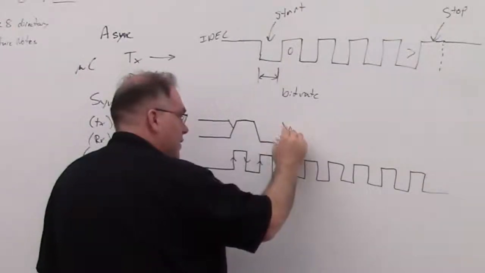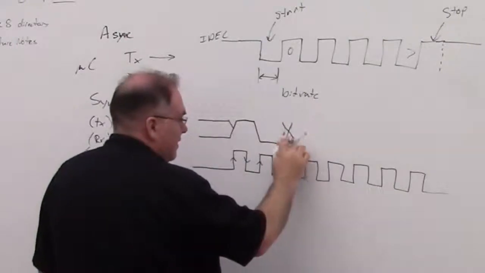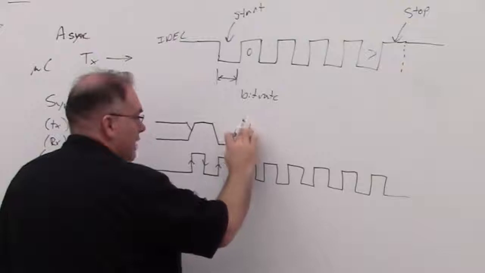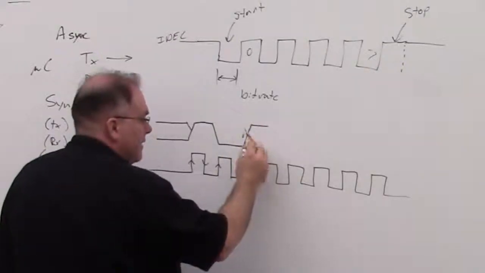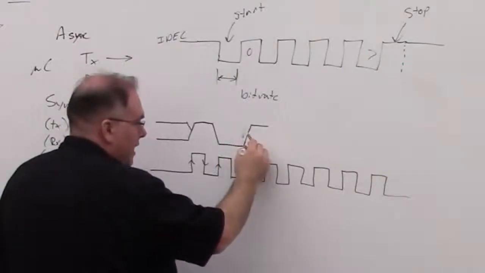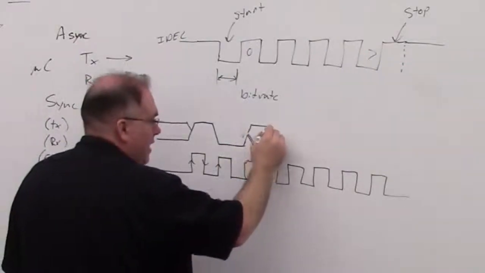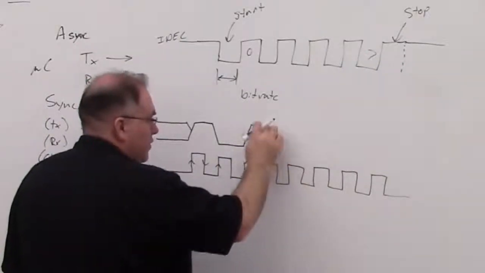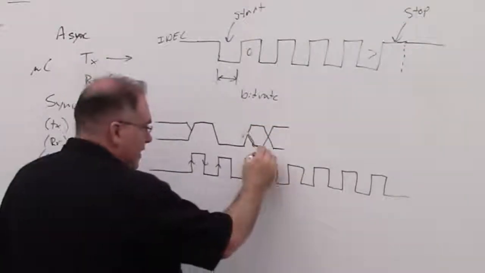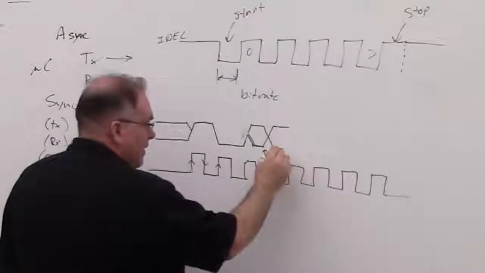Often they'll show this too in data sheets. They'll show, kind of, we don't know what state you're at, or we don't know what the data is going to be, but we transition, and we can end up either high or low here, and again, we're going to transition again. We could end up either high or low. So we transitioned on this edge, and we read on this edge.